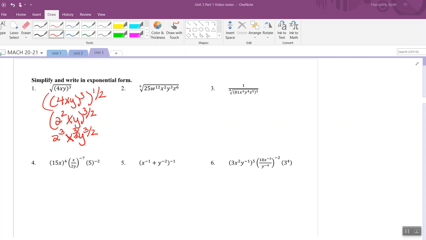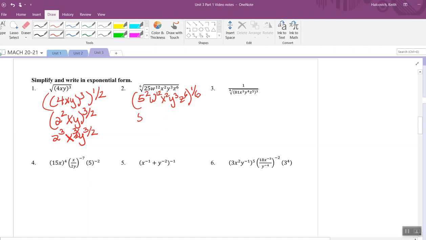All right, for the next one, now we have the sixth root of 25w to the 12th, x squared, y to the third, z to the sixth. So we can make this 5 squared, w to the 12th, x squared, y to the third, z to the sixth, to the 1/6.